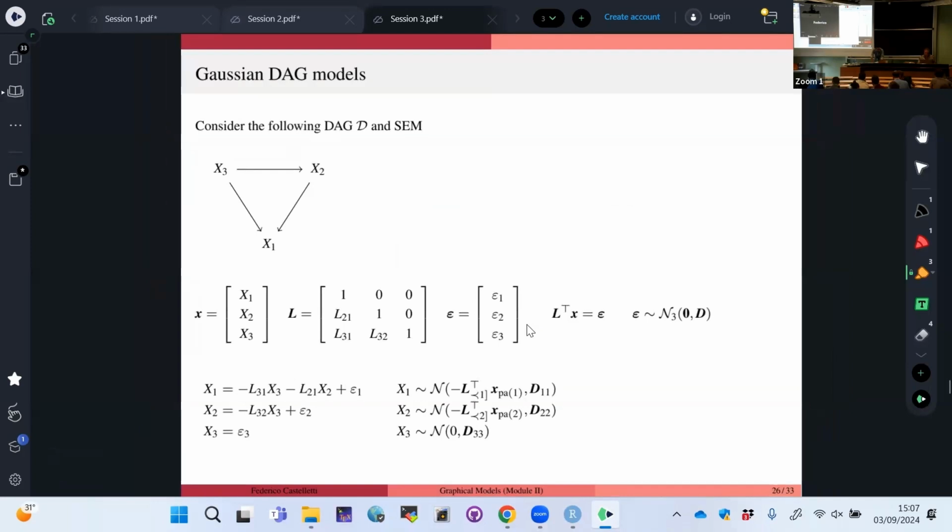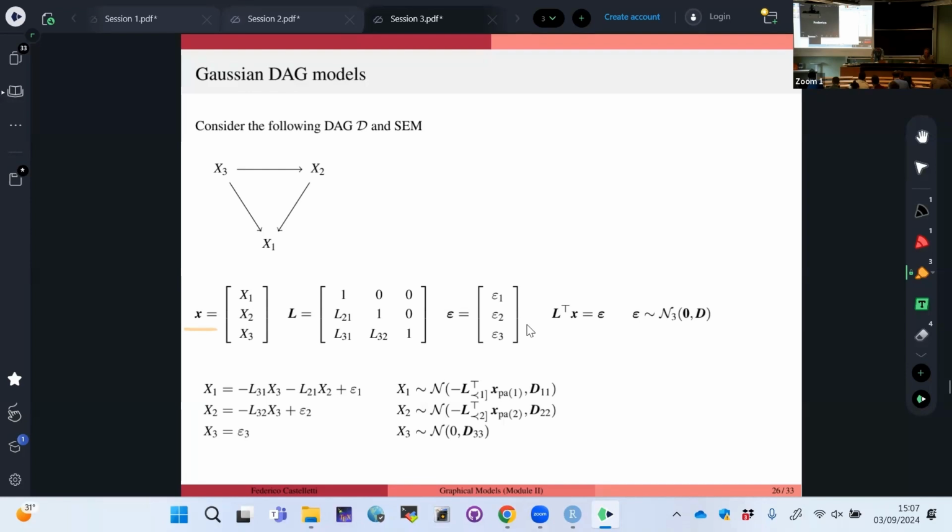Okay, so let me just give you a brief example just to understand this kind of notation. Here we have a 3-node DAG with 3 random variables, x1, x2, x3. So we have our random vector x, and then we have a graph which is fully connected, with edges from 3 to 2, 3 to 1, 2 to 1.